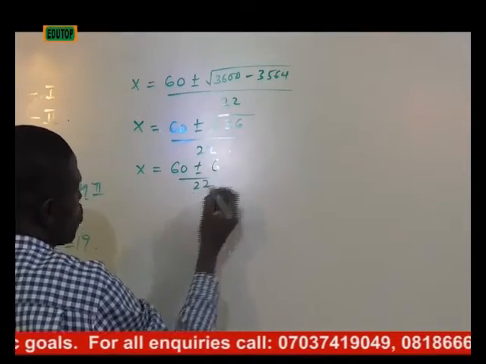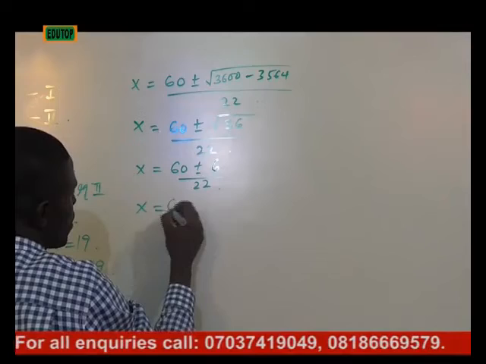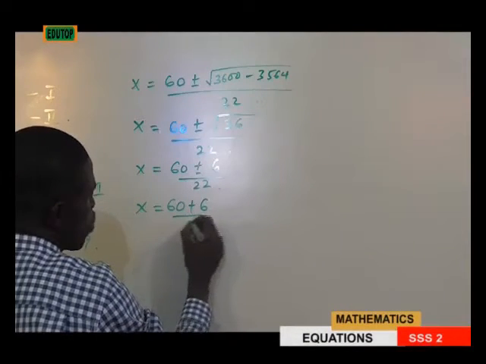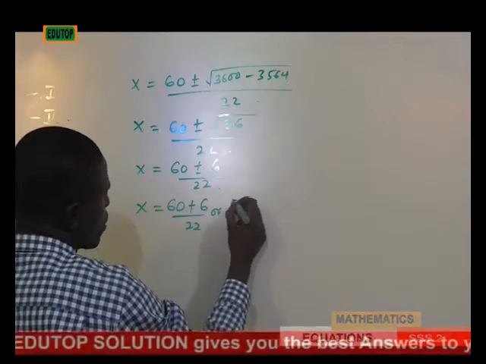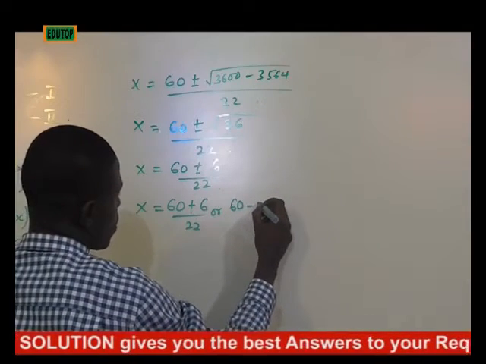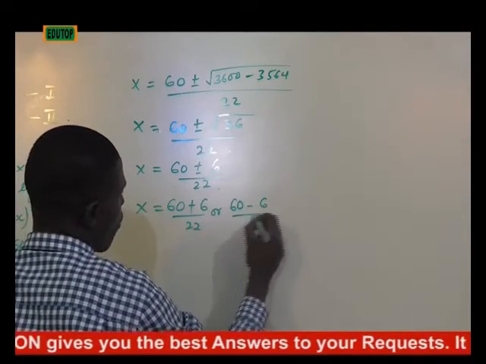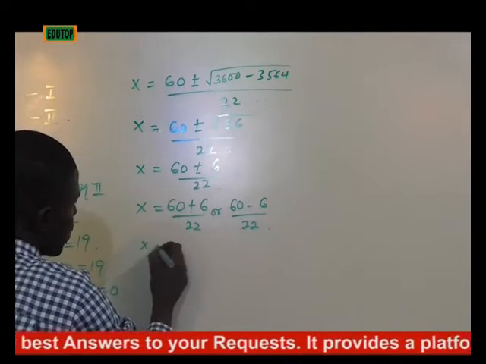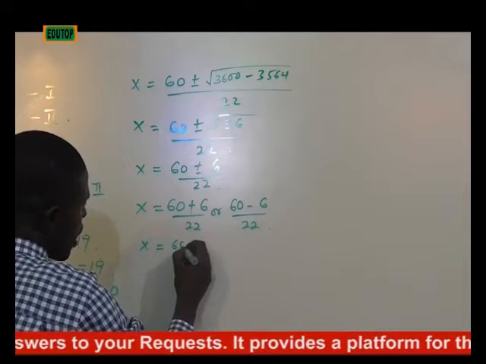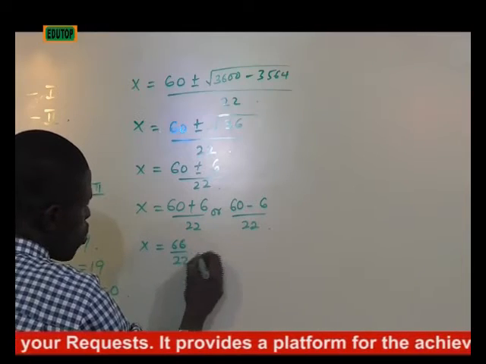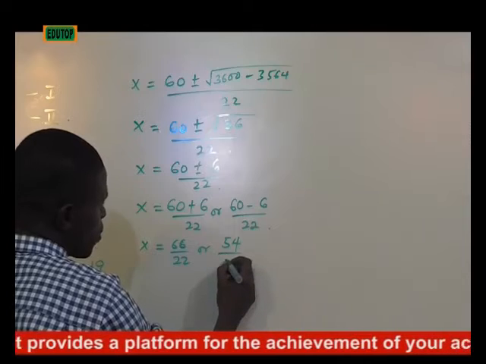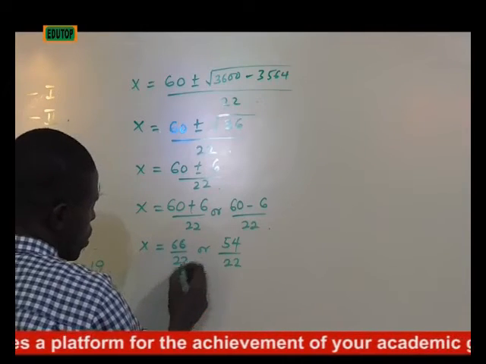Then our x will now be 60 plus 6 over 22, or 60 minus 6 over 22. So definitely our x will now be 66 over 22, or 54 over 22.